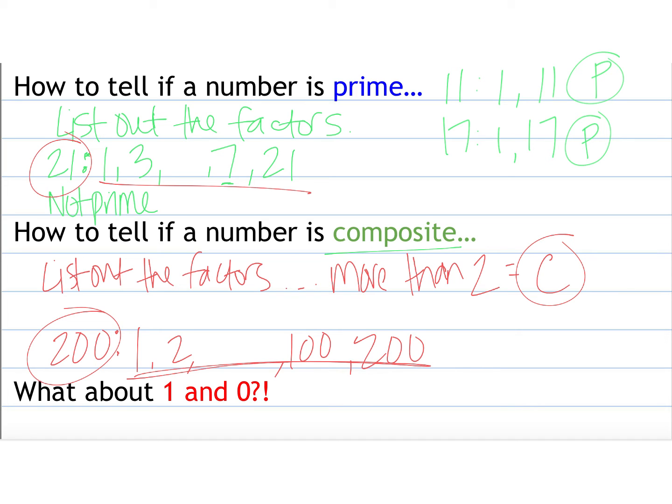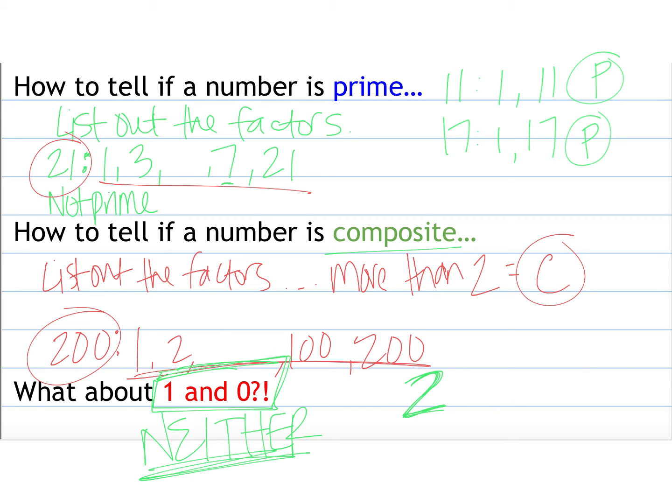So what about 1 and 0? I want you to write this really big in your notebook. Not really big, but write it and circle it and highlight it. 1 and 0 are neither prime or composite. 1 and 0 are neither. And then I want you to write 2, because if we think of the factors of 2, it's just 1 and 2, which is 1 and itself.